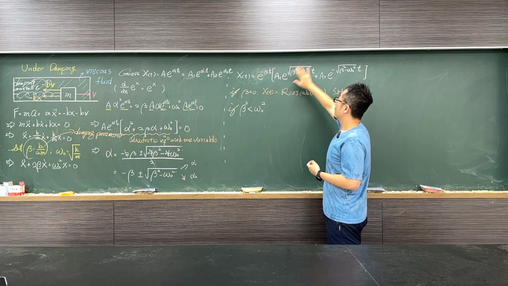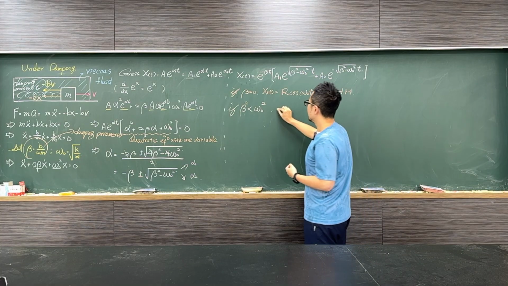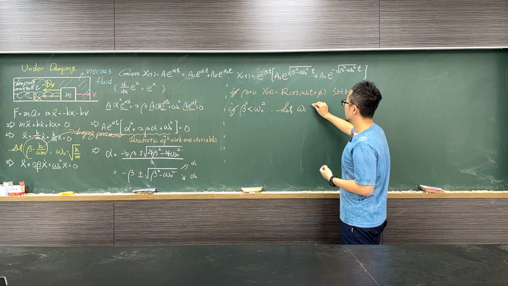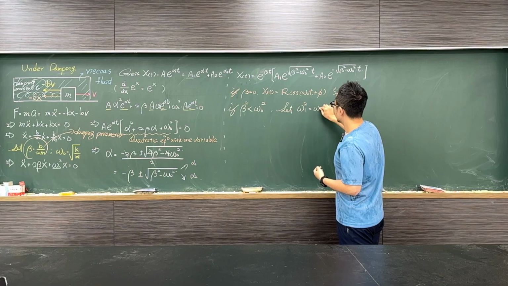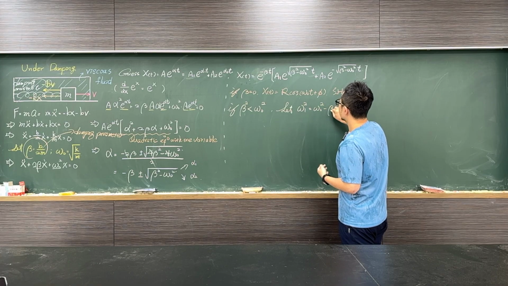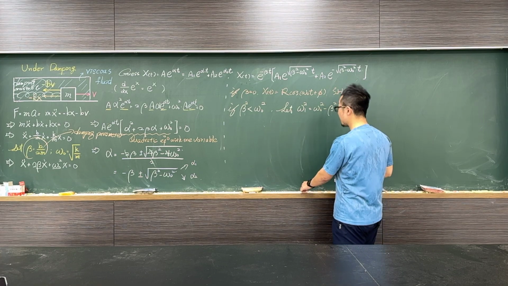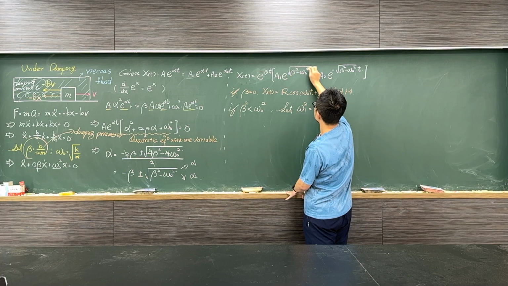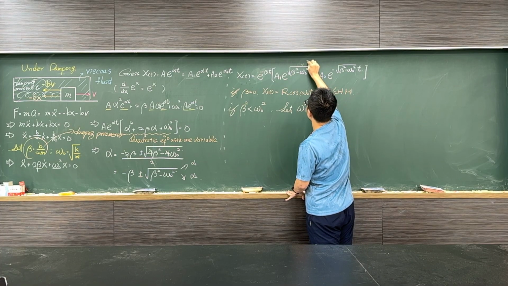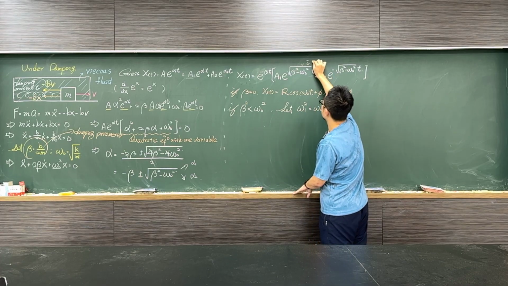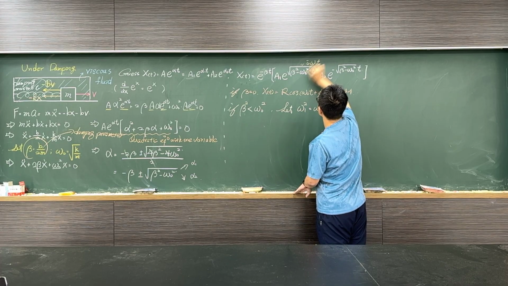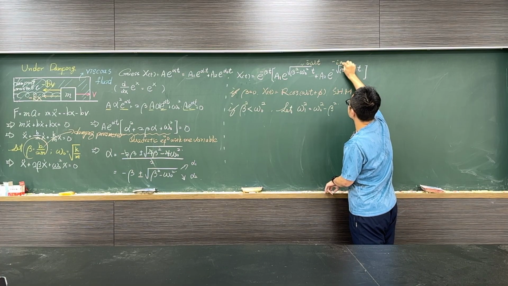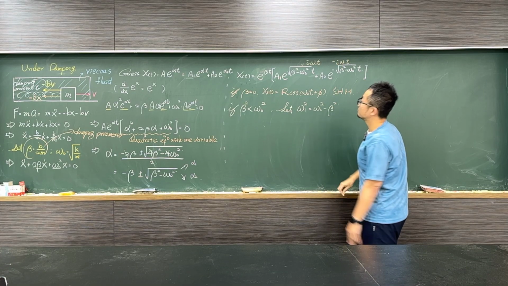In order to simplify all this equation, I'll simply let omega 1 squared be equal to omega naught squared minus beta squared. So I can simplify this term. The square root of all this term can be written down as i times omega 1 t, and this one would be minus i times omega 1 t.